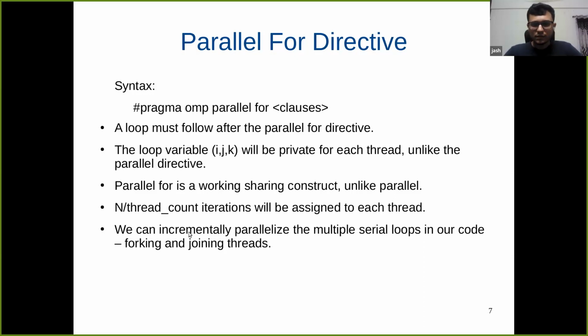And another point we can highlight is that if you have multiple serial loops in your code, then you can incrementally parallelize these serial loops using this #pragma omp for.